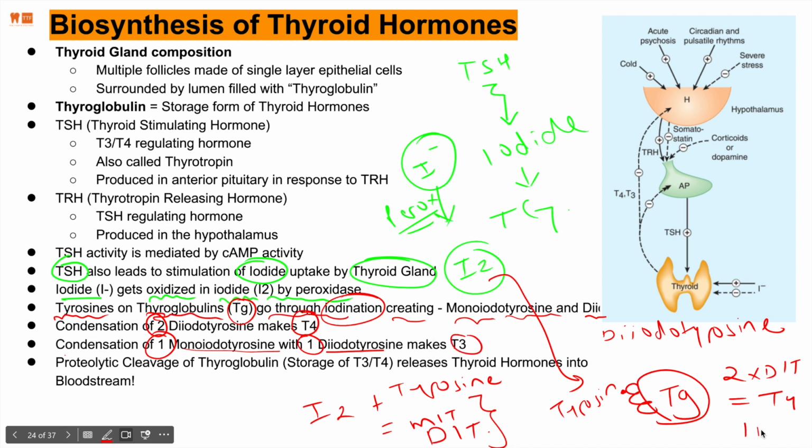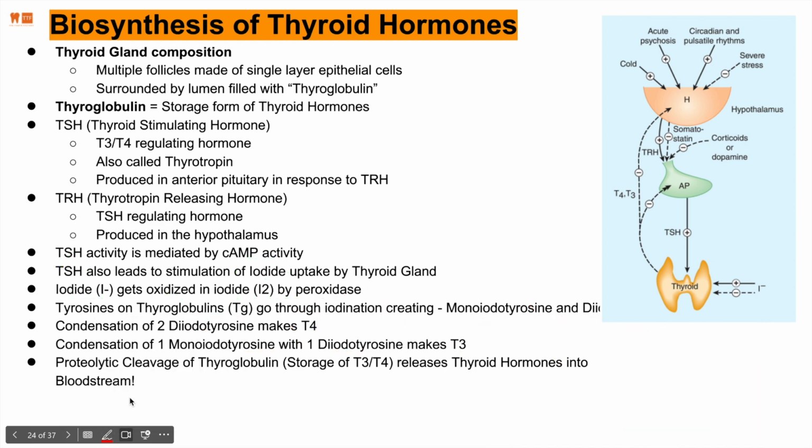So 1 MIT plus 1 DIT equals T3. Let me write that down again. 2 DIT equals T4. 1 MIT plus 1 DIT equals T3.